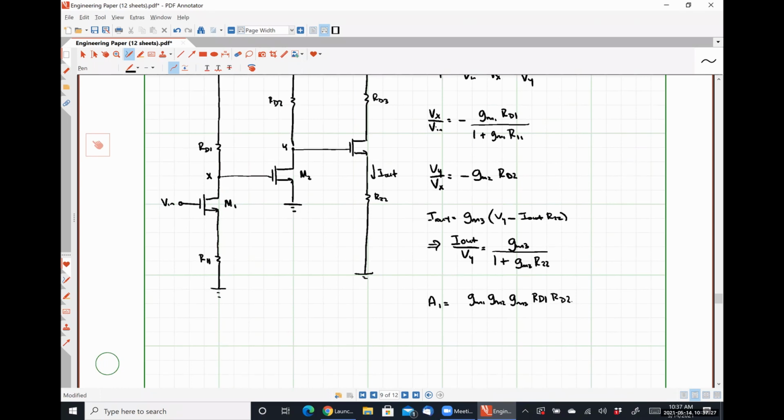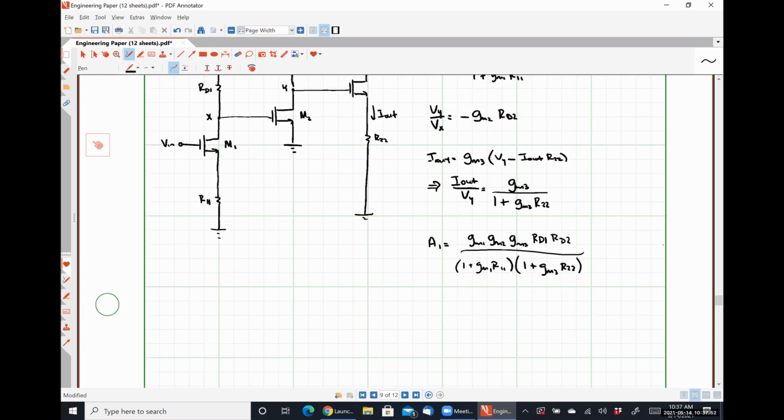The negative signs cancel each other out. I have all three transconductances, then RD1 times RD2. And then down here, I'm going to have 1 plus GM1 R11 times 1 plus GM3 R22. So fairly straightforward, even though this looked fairly complicated, the analysis is fairly straightforward.